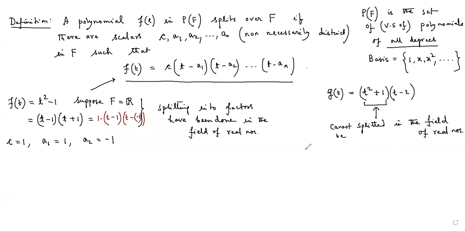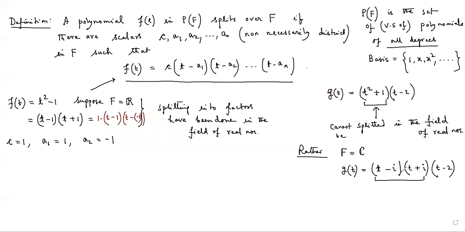Rather, if I choose the field F to be the set of complex numbers, then g(t) can easily be factorized as (t - i)(t + i)(t - 2).